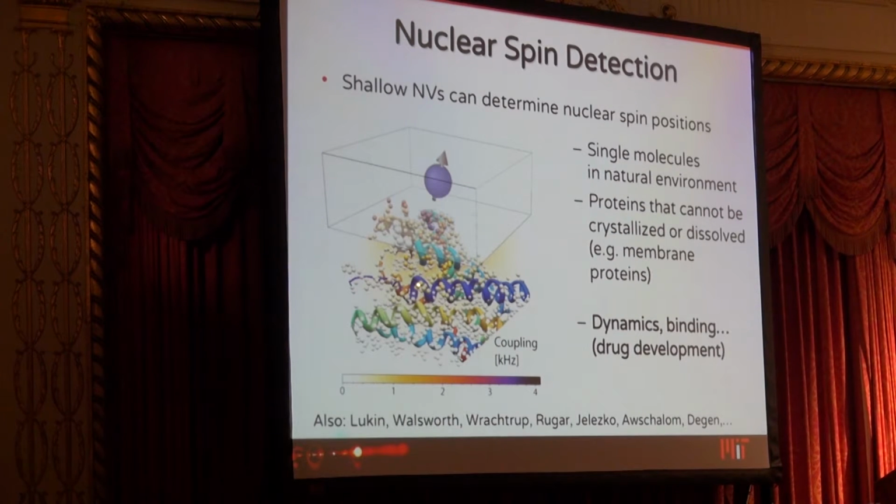So the idea is that if we have an NV which is very close to the surface of our diamond slab, it might be able to sense individual nuclear spins. So the sensitivity and the coherence property of the NV centers are such that it might be possible to really sense individual nuclear spin. And this should be quite interesting because that allows us to use just a single molecule and being able to reconstruct its structure.